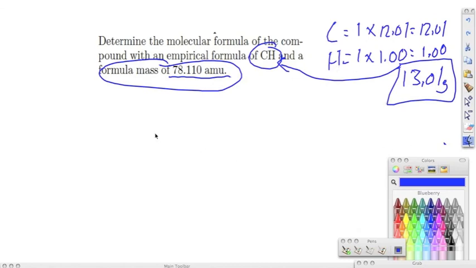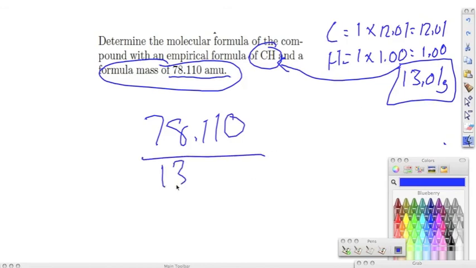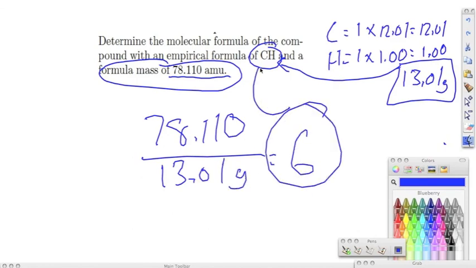So we take the 78.110 AMUs and divide it by the empirical formula mass, 13.01 grams, and we get 6. We multiply that 6 by all the subscripts in our empirical formula. We only have one carbon, so it turns to C6, and one hydrogen, H6. So this is our molecular formula.